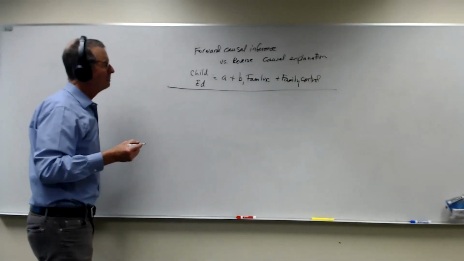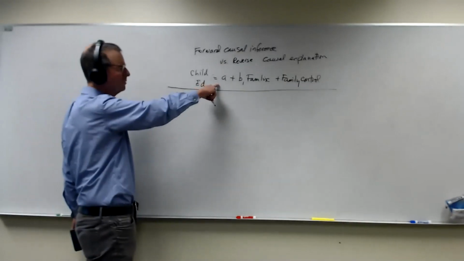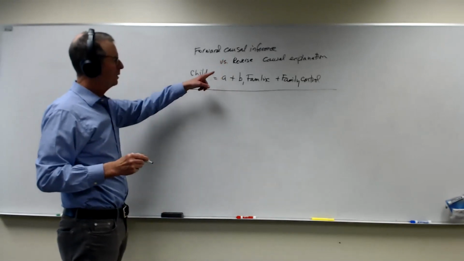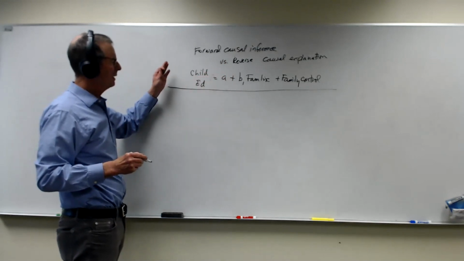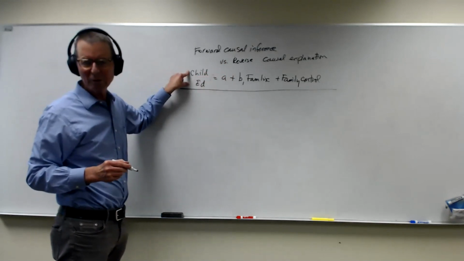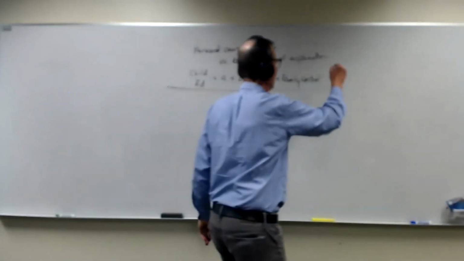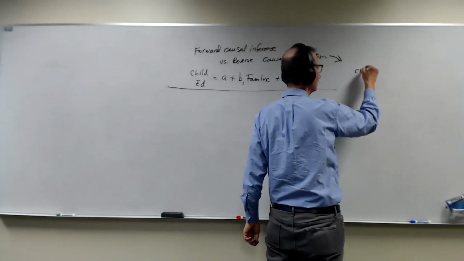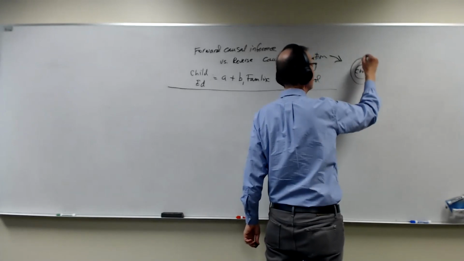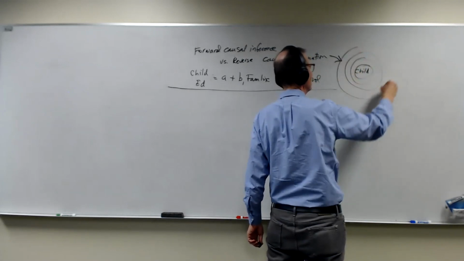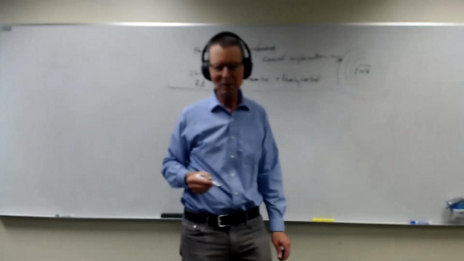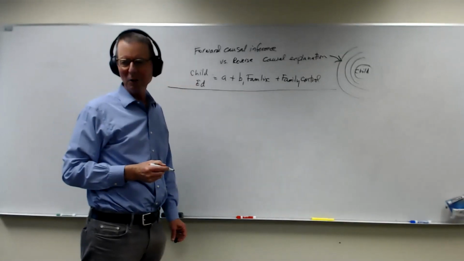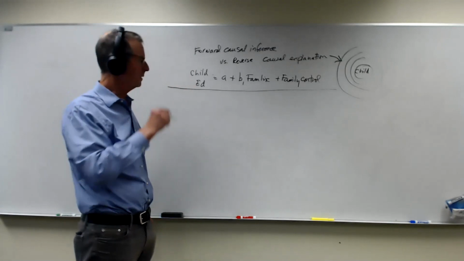So you could think about this equation in two different ways here. Reverse causal explanation asks, why do kids end up with different levels of education? And that gets you right to Bronfenbrenner: child, family, neighborhood, policy, right? You all went over Bronfenbrenner in the foundations class for human development, right? It's a standard part of it.